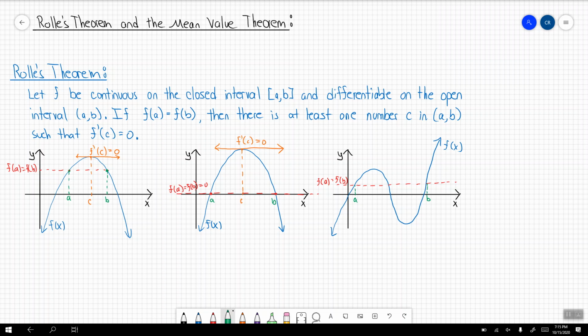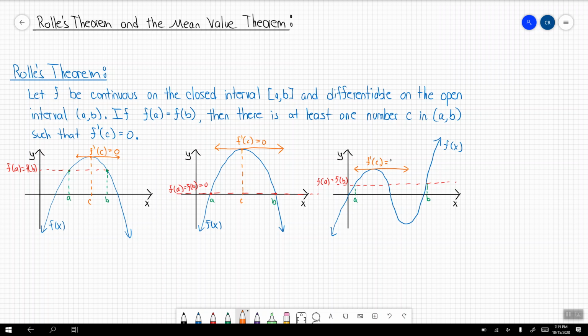As we find the derivative of the function, you're going to see that there are two places where the derivative is equal to 0.